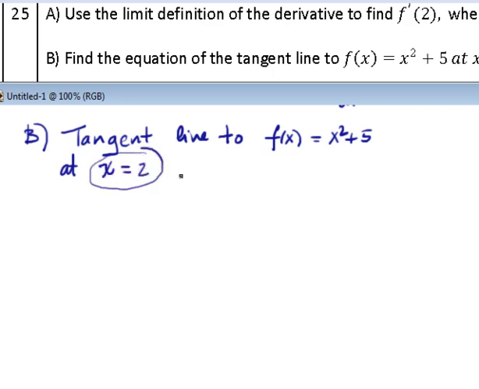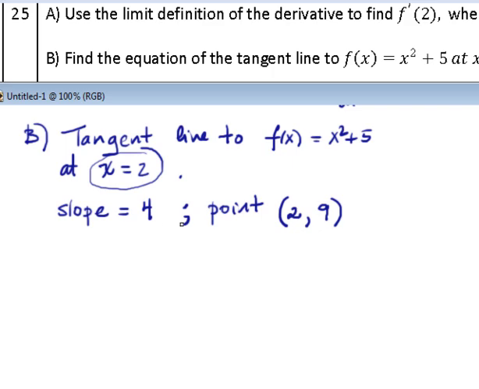Well, we need a point and the slope. We just figured out that the slope is 4. So we need a point. The x-coordinate of the point is 2, and to get the y-coordinate, we just substitute into x squared plus 5. We did that in part A. That's 4 plus 5, that's 9.